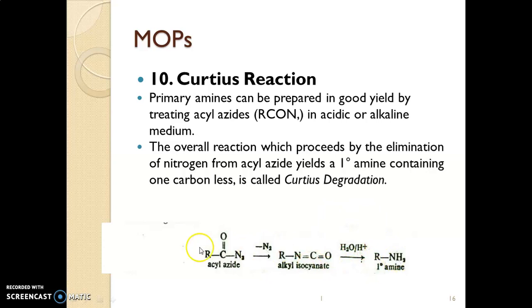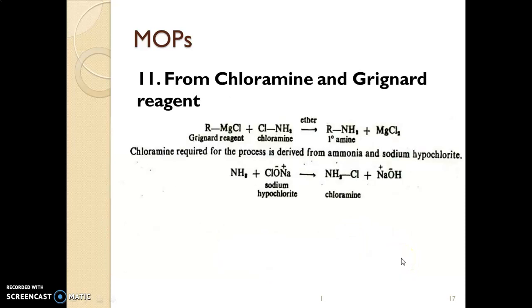So here is the reaction. This is the acyl azide having CON3. Removal of nitrogen produces alkyl isocyanate, which on further hydrolysis produces the primary amine.